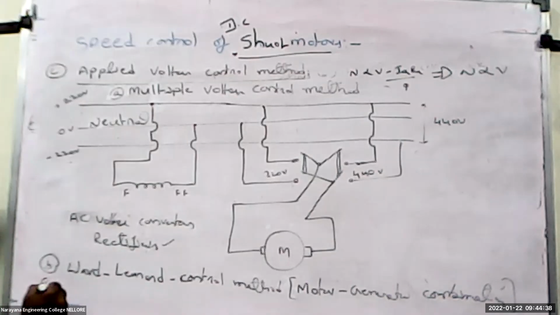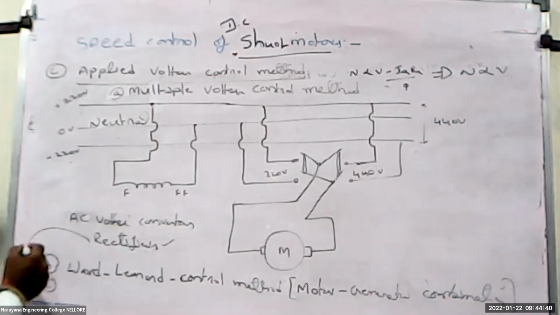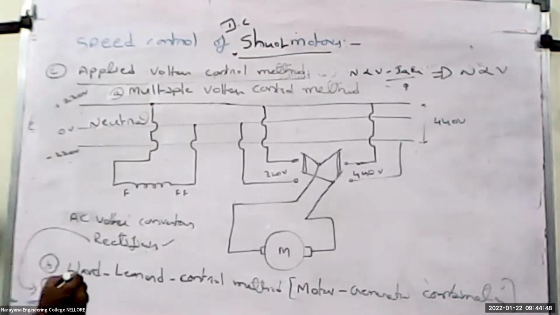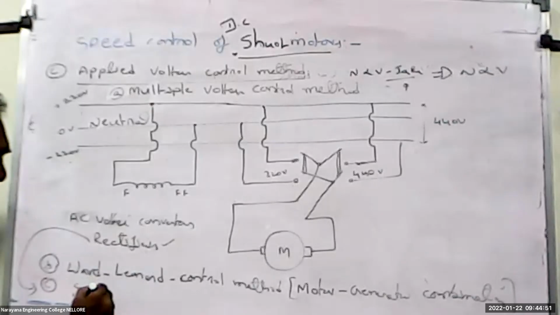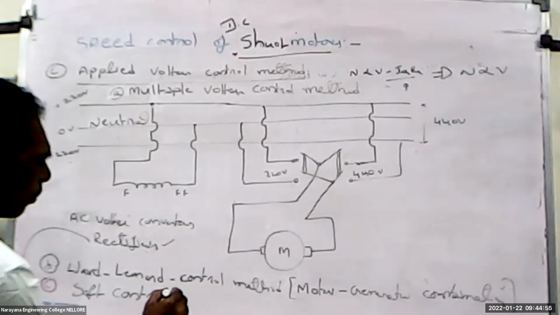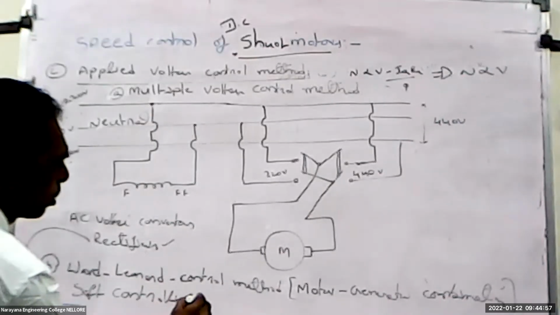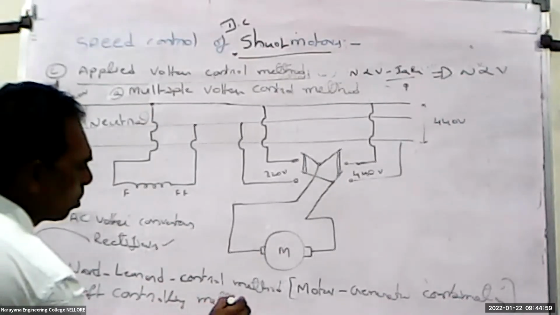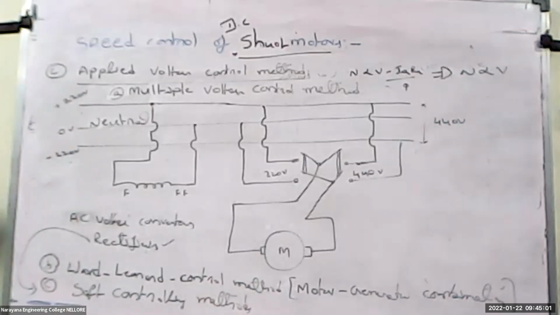And another one is, if you want to use any power electronic devices, it is called the soft controlling method. The soft controlling method is where we use advanced technologies to control the speed.